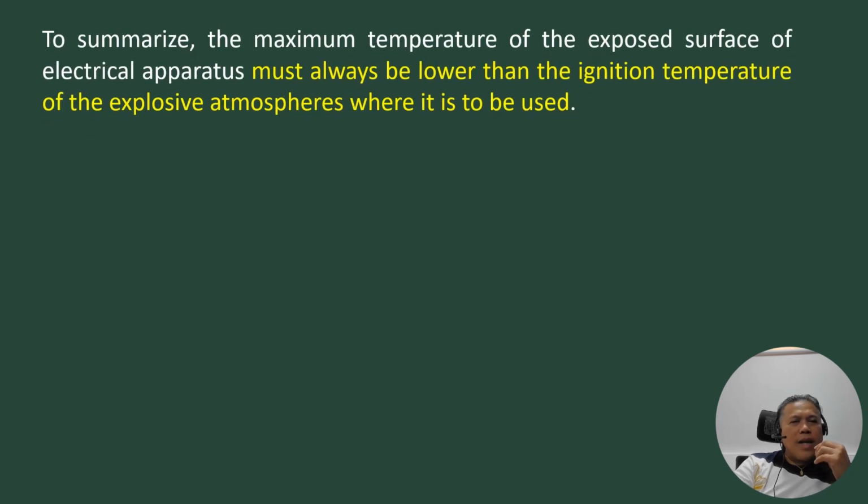Now, to summarize, the maximum temperature of the exposed surface of electrical apparatus must always be lower than the ignition temperature of the explosive atmosphere where it is to be used. Okay?